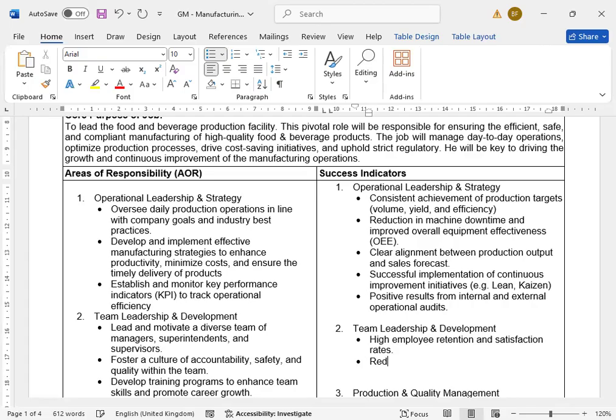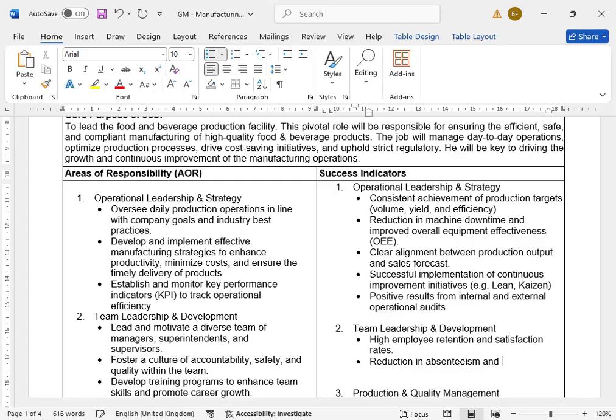Reduction in absenteeism. Absenteeism. Spelling is correct. Yeah. And staff turnover.